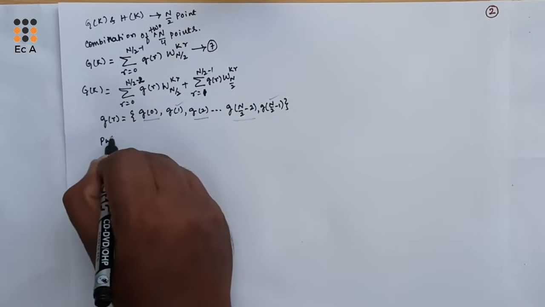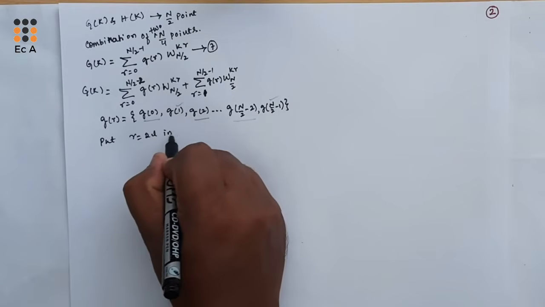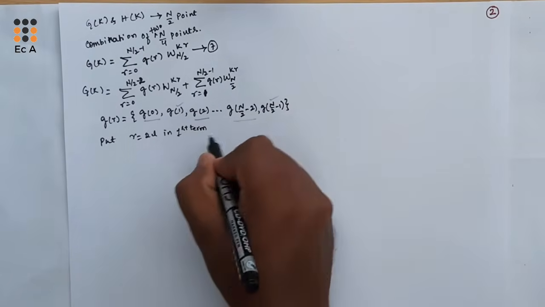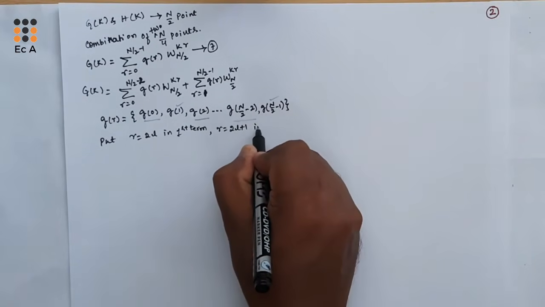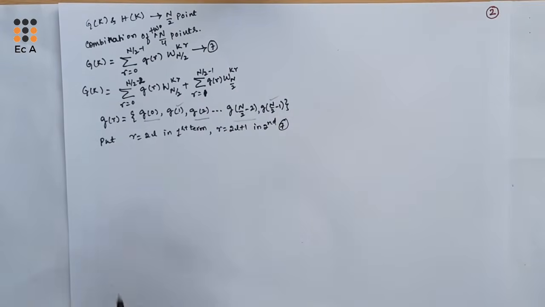Let us put r is equal to 2l in first term and r is equal to 2l plus 1 in second term of equation number 7.